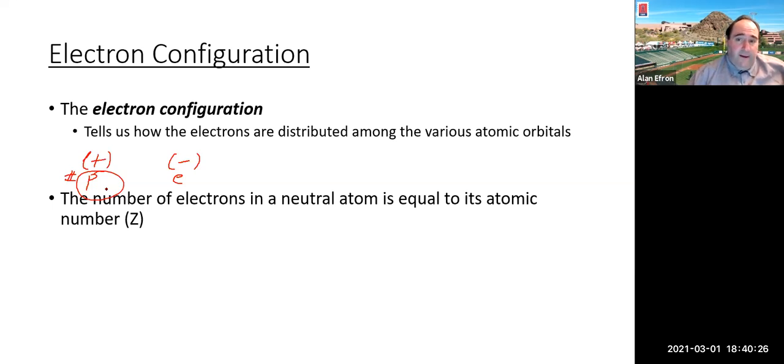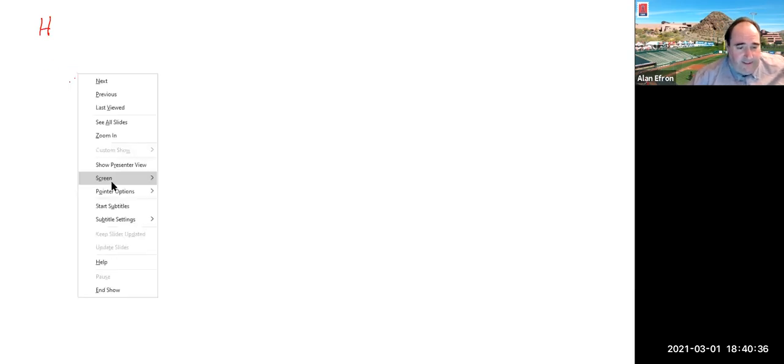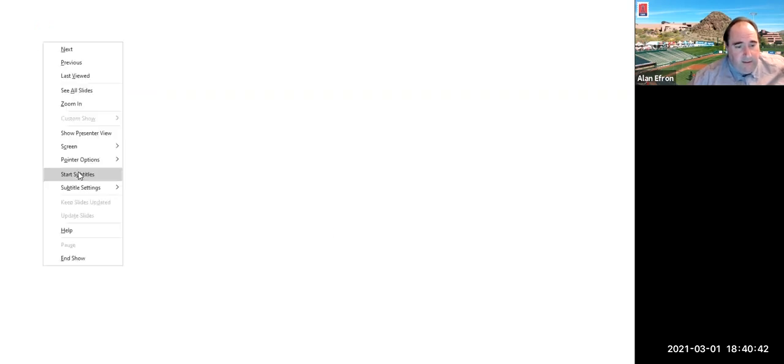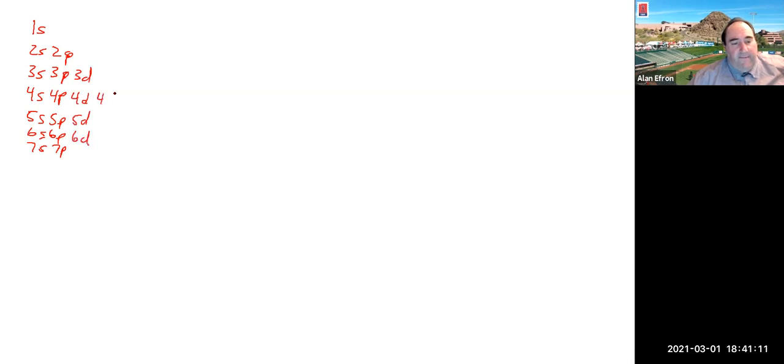So let us start with hydrogen as our first one. Let me make my little chart like I had, so I'm not flipping back and forth: 5P, 6P, 7P, and 3D, 4D, 5D, 6D, 4F, 5F.